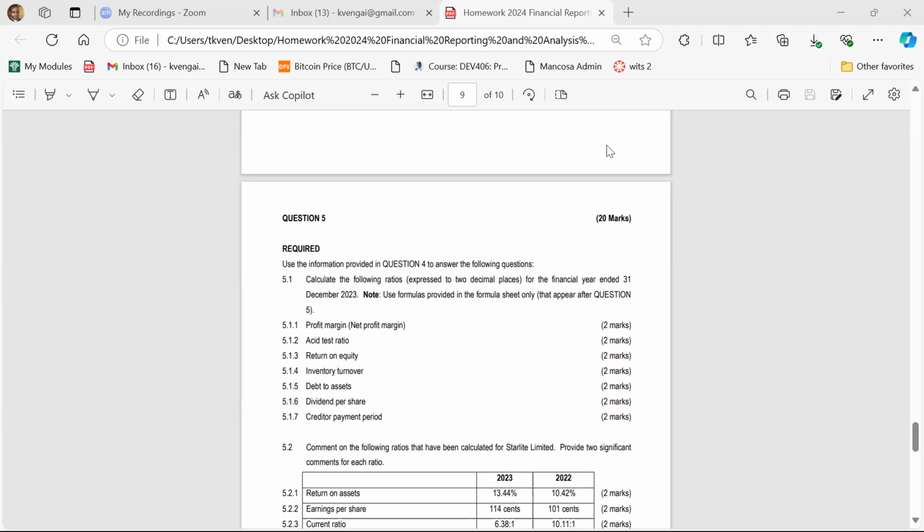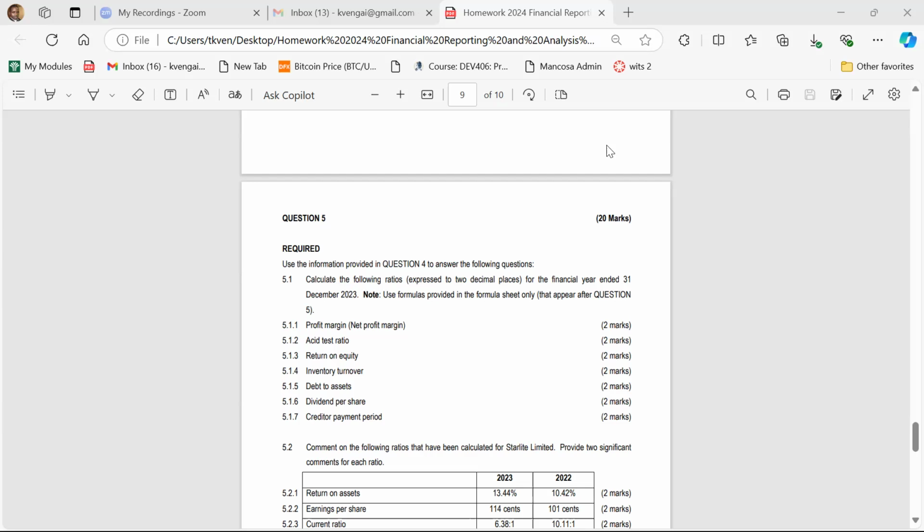If for company ABC it's 19%, then you can say company XYZ is performing better than company ABC. But if for company ABC it's 30%, then you can say company XYZ is performing worse than company ABC. You are comparing two different companies to see which one has the better ratio and which one has a worse ratio. So that's comparison when you're looking at companies.